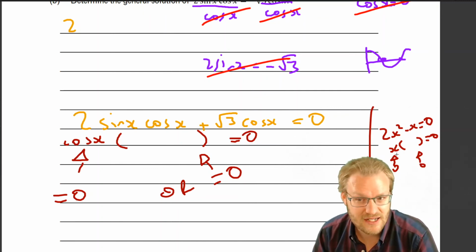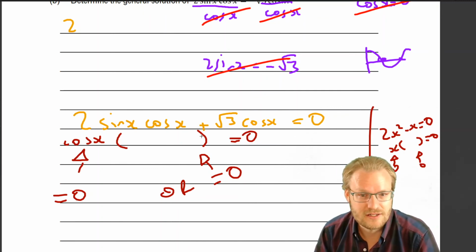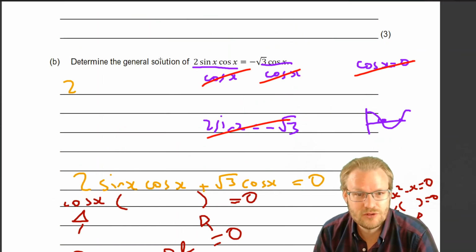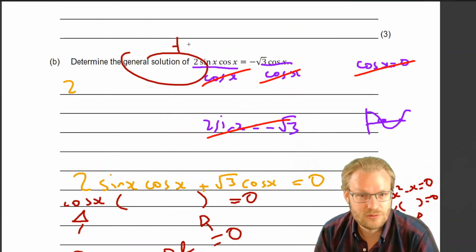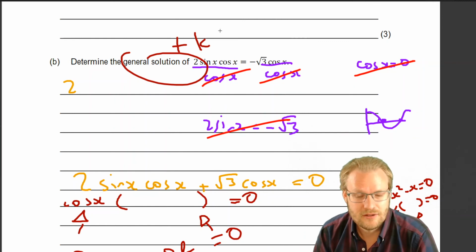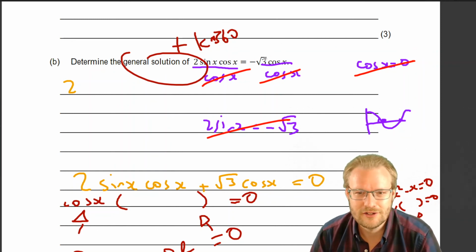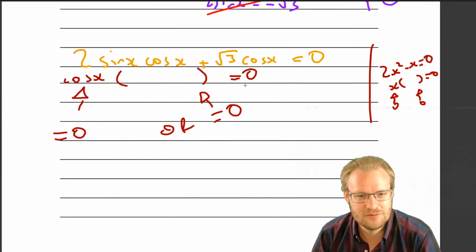So same idea of factorizing. Okay, and then from there, you'll have your 2 solutions, and remember it said general solution, so that's when we do that plus k times 360 or 360k. I can't always remember which way around I did each time. Okay, so that's the thinking behind that one.